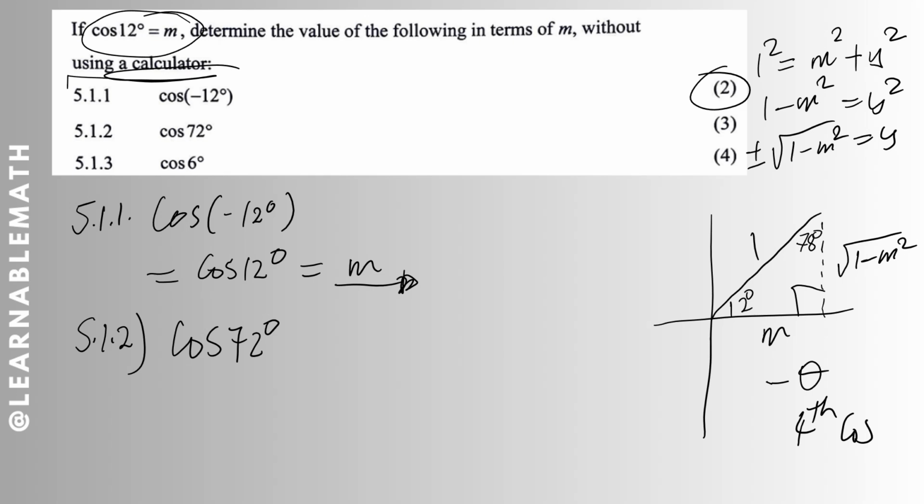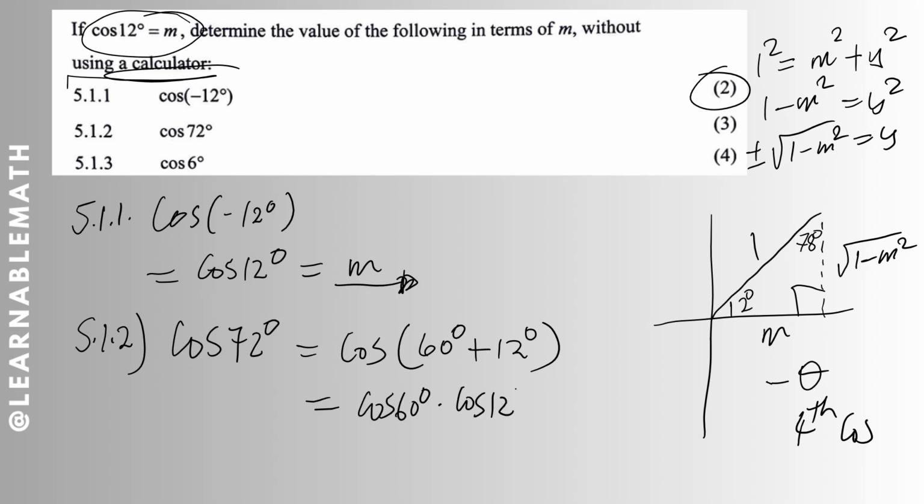So if you think of a special angle quickly, you can see that actually 72 degrees is a combination of a special angle, 60 degrees, plus 12. Can you see? Because they give us 72. Okay, so this is a compound angle of cos, so we can expand it to say cos 60 degrees times cos 12 minus sine 60 degrees times sine 12 degrees.